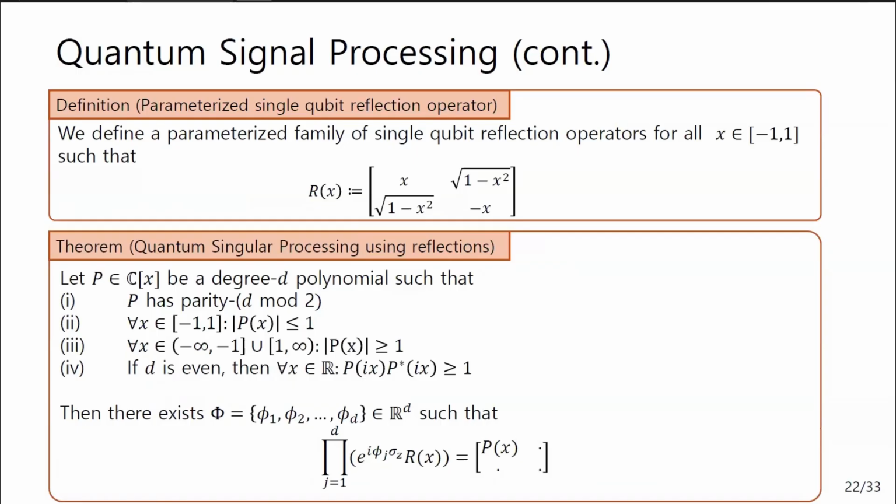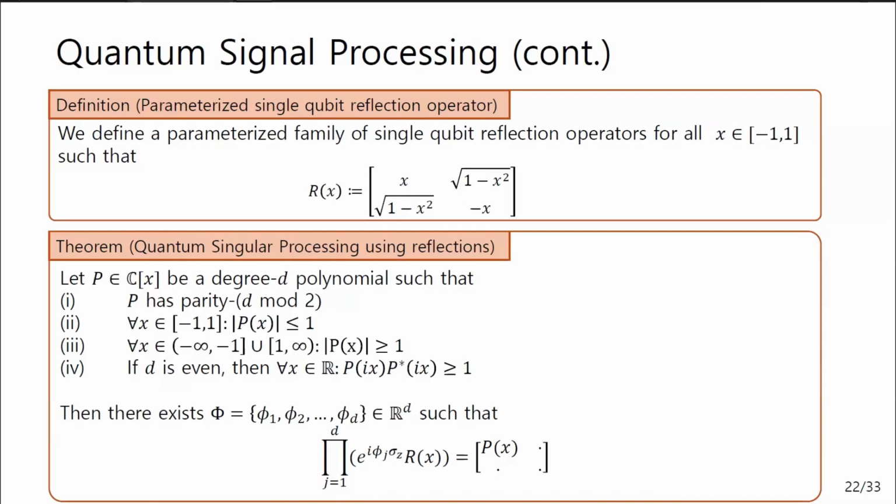And I want to put Rx instead of Wx. So first, I have to define Rx. We define a parameterized family of single qubit reflection operators for all x from -1 to 1, such that Rx is equal to x, square root of 1 minus x squared, square root of 1 minus x squared, and minus x.